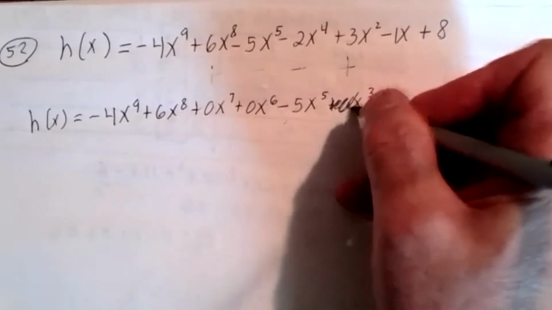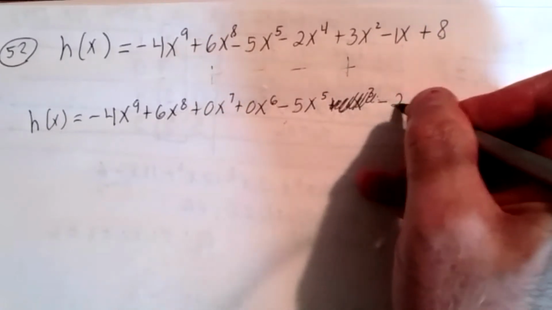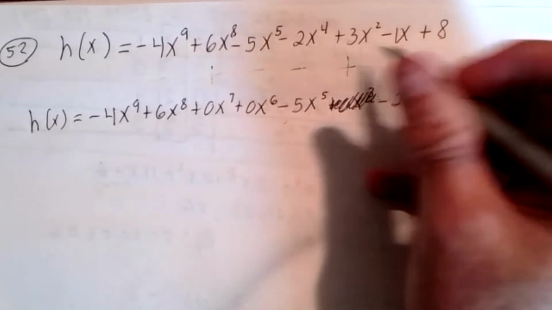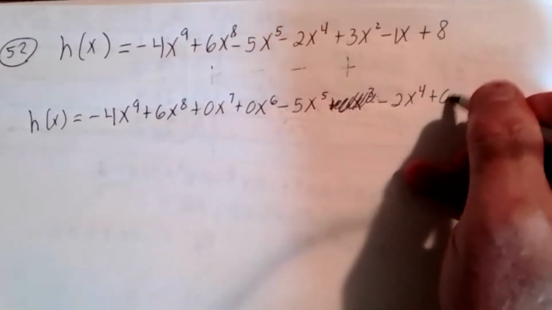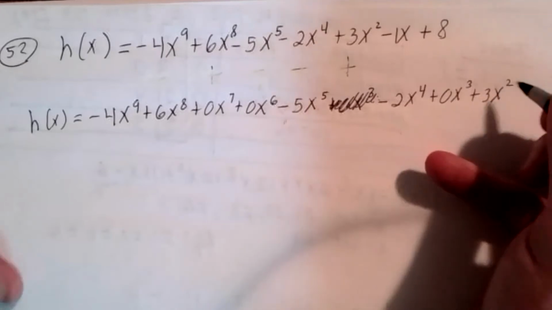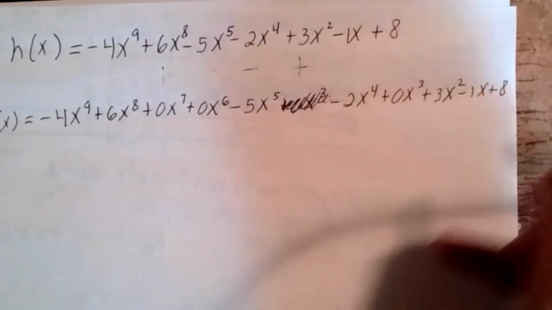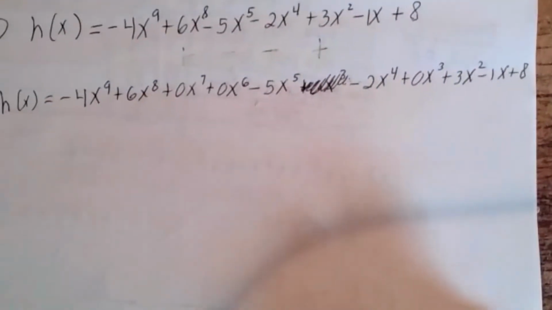We don't need the placeholder here. We got a 5th degree term. We got a 4th degree term. We don't have a 3rd degree term. Now we put the 3rd degree placeholder term in here, and then we go down to a 2nd degree term. Then we go down to our 1st degree term, and we have our constant term at the very end. There we go. See all the placeholders there?